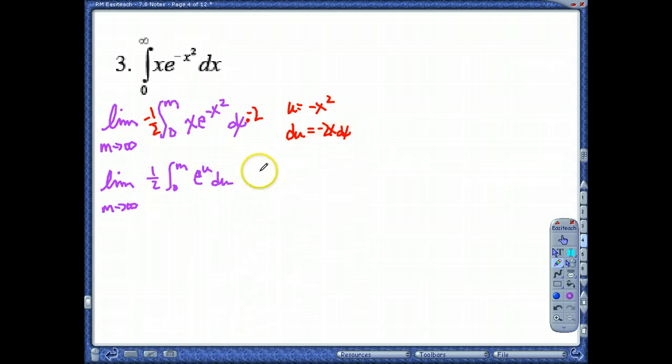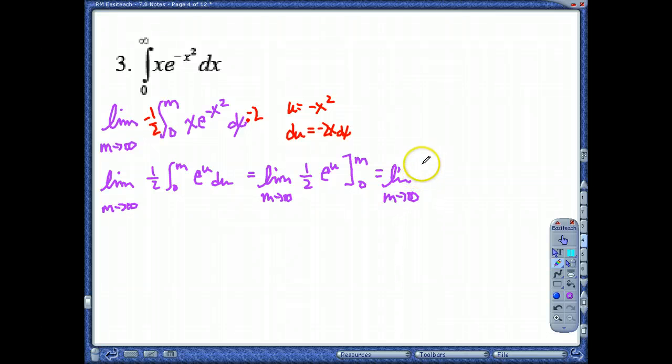When I integrate that, I'm going to have 1/2 e to the u. I did not change my limits, so I'm going to substitute back before I put the m in and the 0 in.